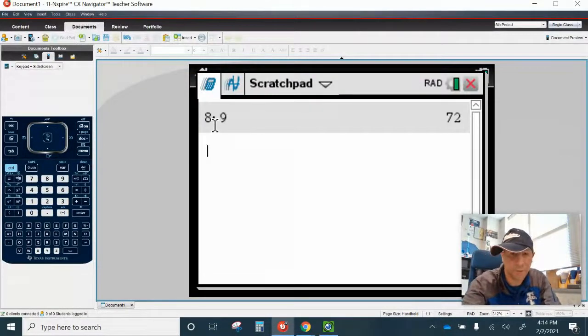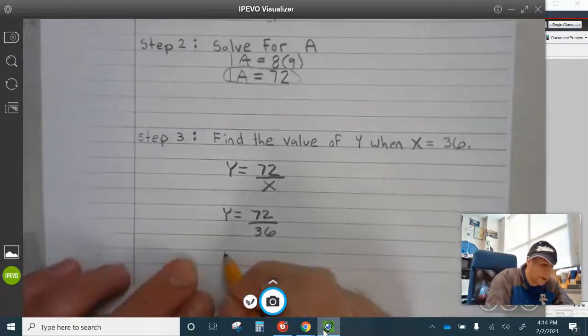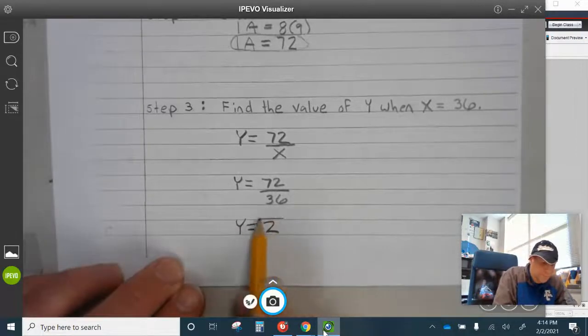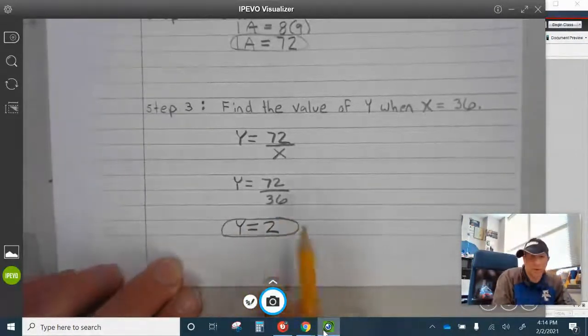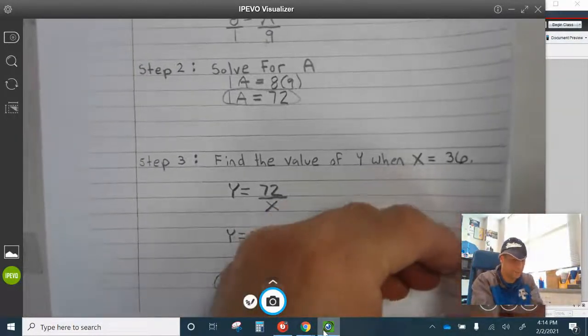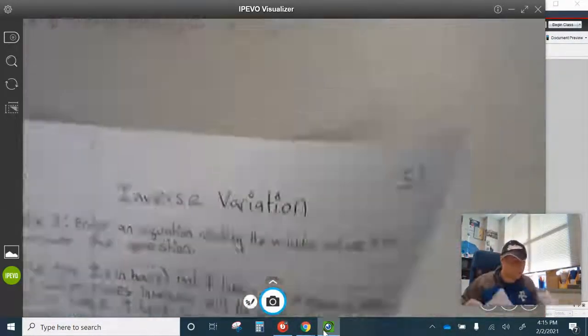So 72 divided by 36 is 2. So y equals 2. All right, go ahead and finish up example number 1. All right, let's take a look at example 2.